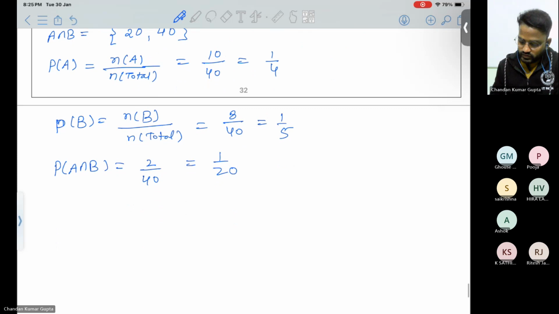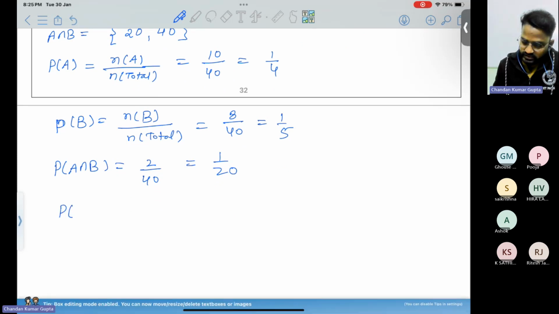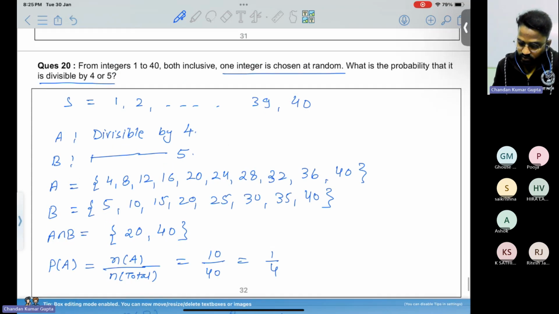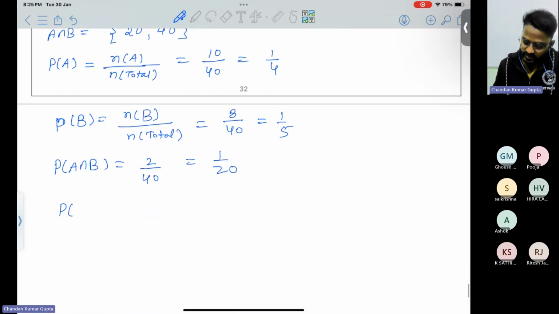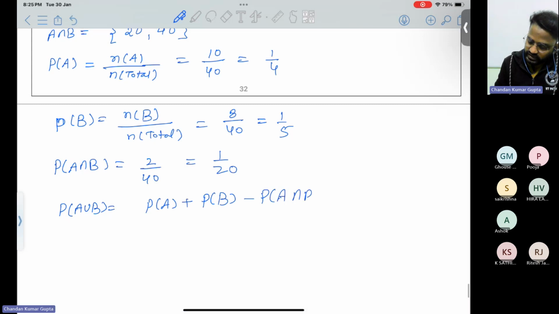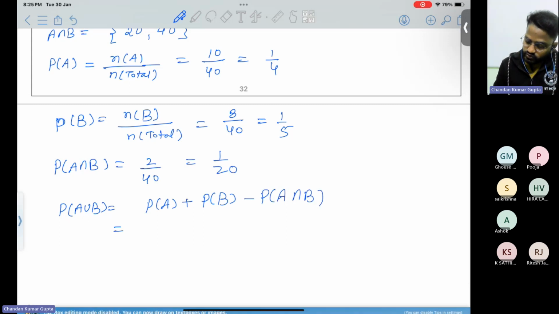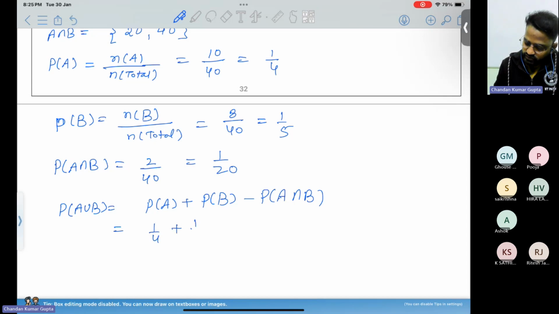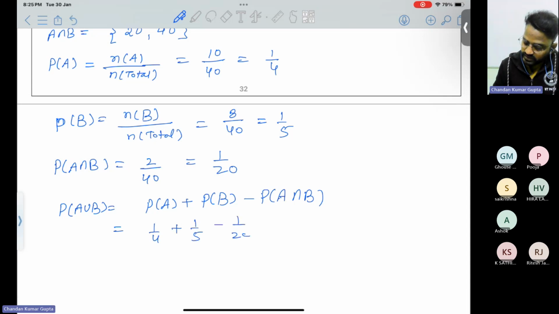Yes, sir. Now the probability we were asking about is the OR, meaning the probability of A union B. Again, it's probability of A plus probability of B minus probability of A intersection B. This comes out to be 1 by 4 plus 1 by 5 minus 1 by 20.